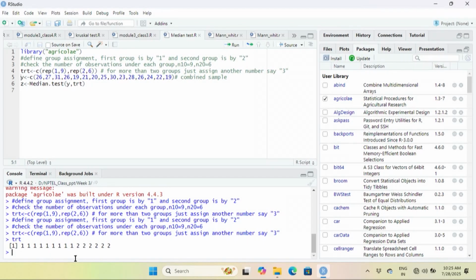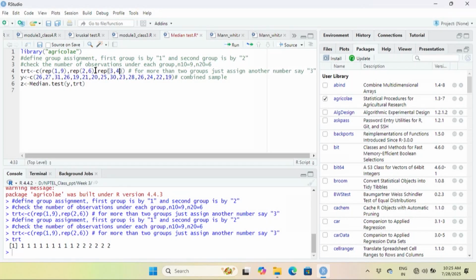See how the observations are assigned by the number of the group. There are 2 groups. In case you have another group, suppose a third group having 4 observations, then you will have to write 3 and 4. But for this problem we have only 2 groups.